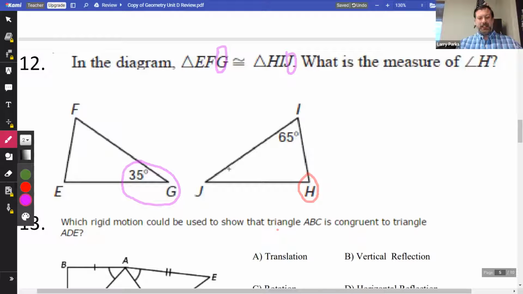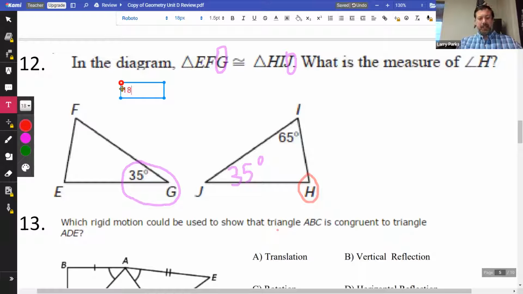So using that, I know that this is 35 degrees. So now it becomes much easier. I just take 180 minus 65 minus 35, and that would be the measure of angle H. Let's see, 65 plus 35 is 100, so 180 minus 100, that'd be 80.